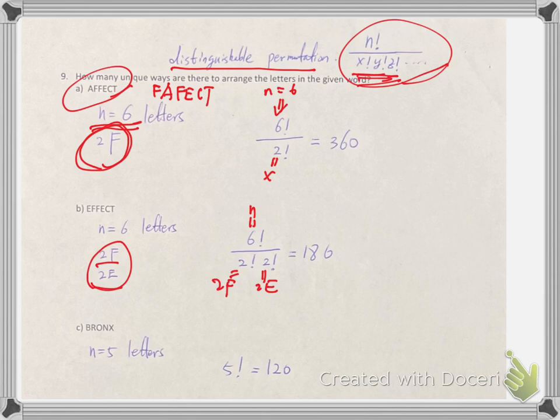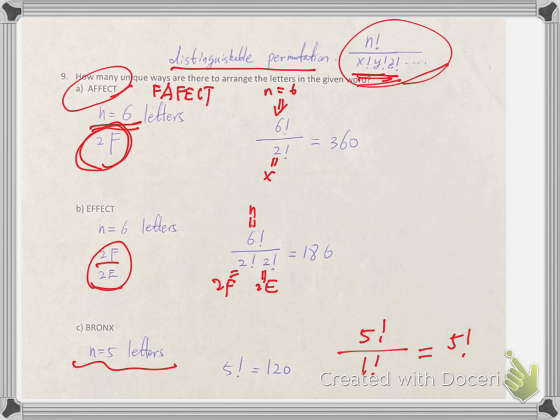What if there's no repeating letter? In the last example, Bronx has no repeating letter, so you don't have division. You just have 5 on top. If you still want to use division, it will be 5 factorial over 1 factorial, which is the same, since 1 factorial is 1. So that's the word question: given a word, how many different ways can you arrange the letters, different permutations.